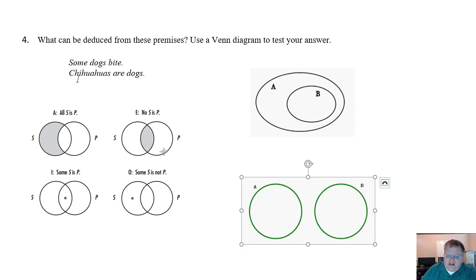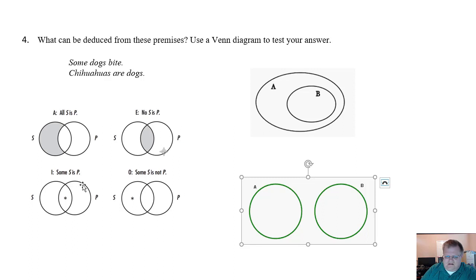So based on what we see, some S is P, some dogs bite. We're looking right here where we've got 2 subsets, where we're told that Chihuahuas are a dog, so we're told something is in this subset right here. So in honesty, this is our picture.